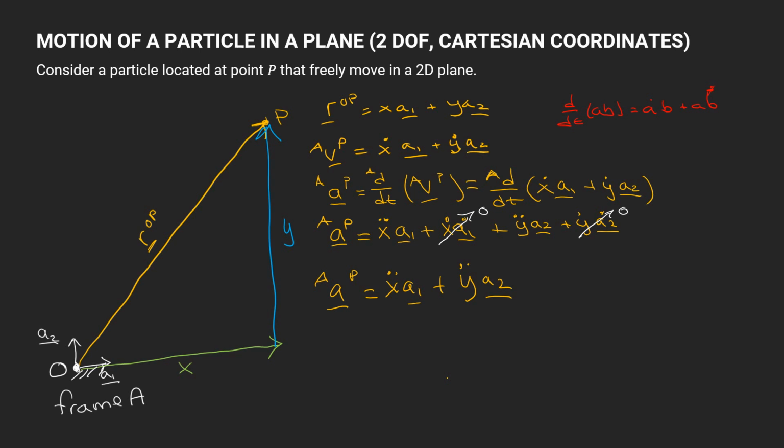And so there you have it. Our three equations. The first is position of point P in reference frame A, and then we have our velocity as shown here. And finally, we have our acceleration.